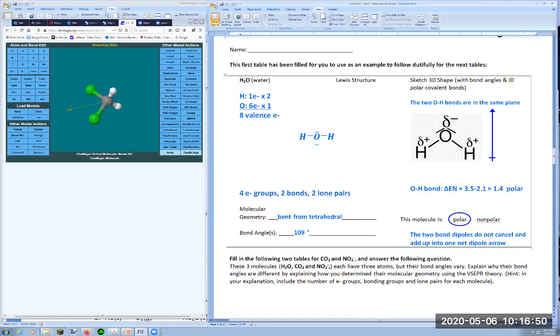And then distribute the lone pairs to the outside atom first, and then to the central atom if the outside atoms have their octet, and you still have some electrons to distribute, and your central atom doesn't have an octet yet. So that's the Lewis structure for water. Hopefully you see the 2 lone pairs on oxygen.